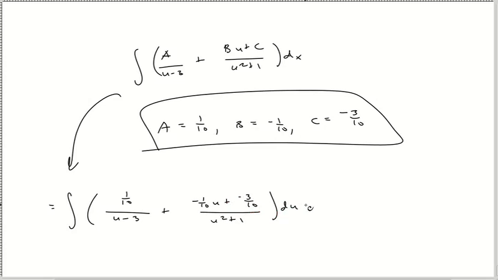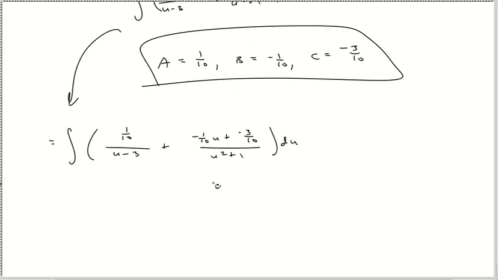Okay, cool. We've actually seen this before. What I'm going to do again is split these up into 2 separate integrals. This one here is super easy, so 1/10 ln of u minus 3. On this side over here, I got my negative 1/10, and then my u substitution will have a 2 in the front.